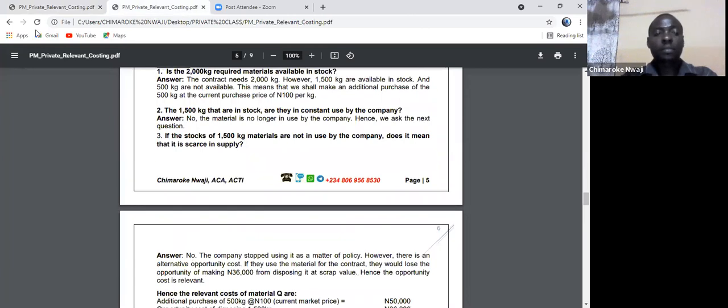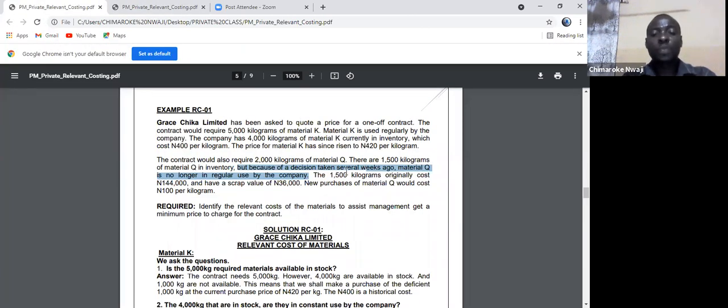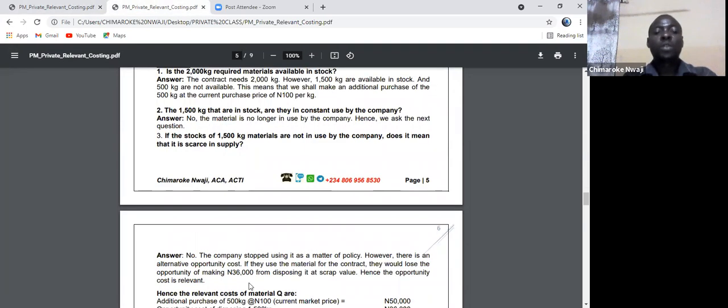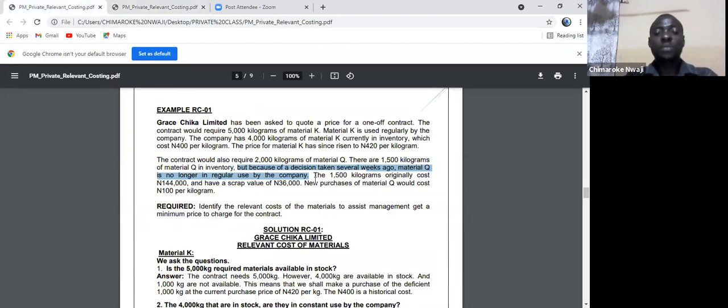Now, why did the company stop using it? They said, because of a decision taken several weeks ago. So the company stopped using it as a matter of policy, not that it was scarce in supply. So if it is not scarce in supply, yes, it will have a nil value.